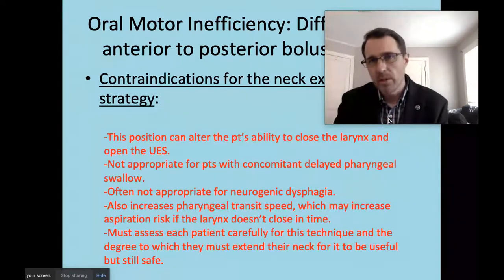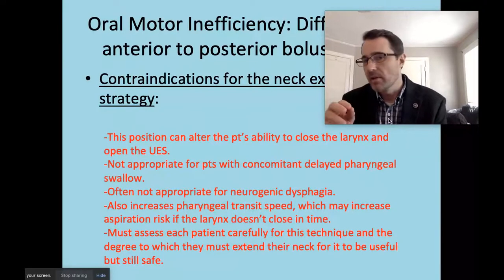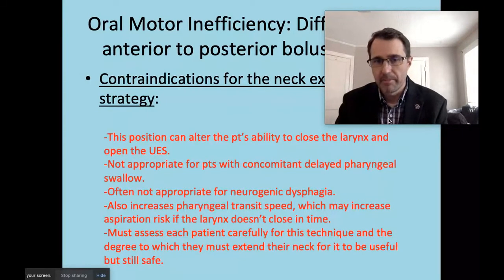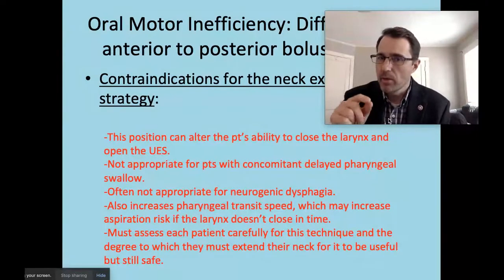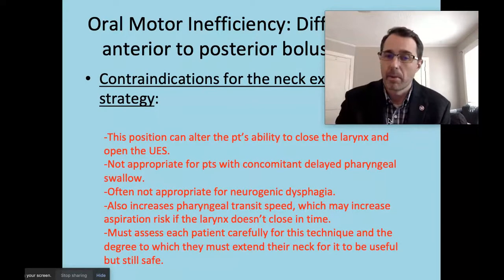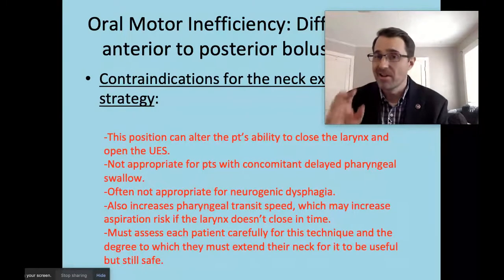So if you are going to employ a neck extension, this is something that you evaluate very closely to be sure that your recommendations are going to be appropriate for the client and are not going to put them in peril of aspirating.